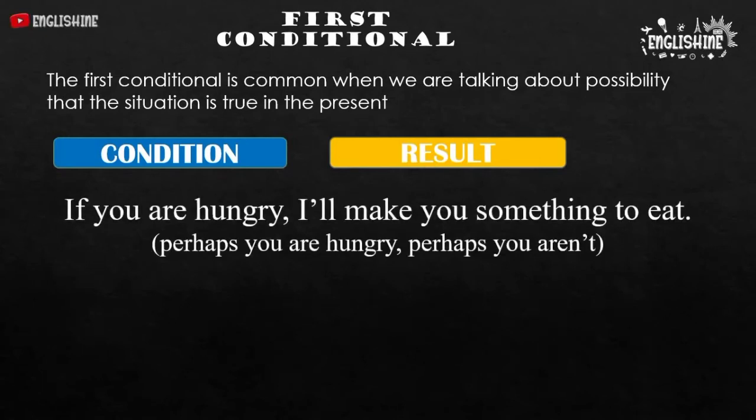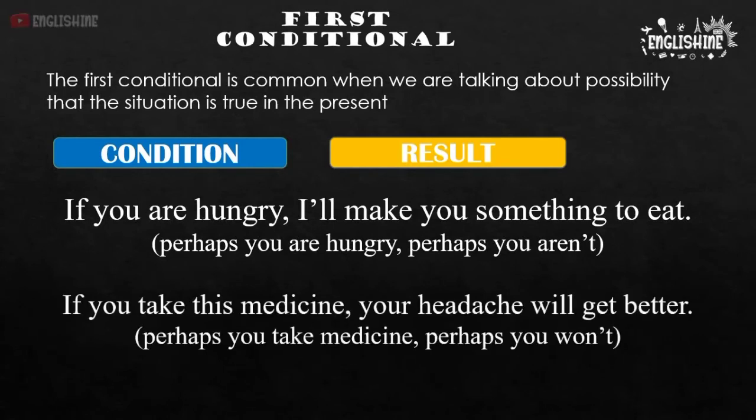If you are hungry, I'll make you something to eat. Perhaps you're hungry, perhaps you aren't. If you take this medicine, your headaches will get better. Perhaps you take medicine, perhaps you won't.